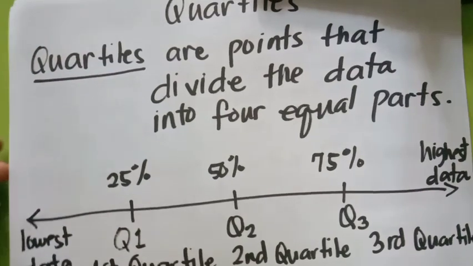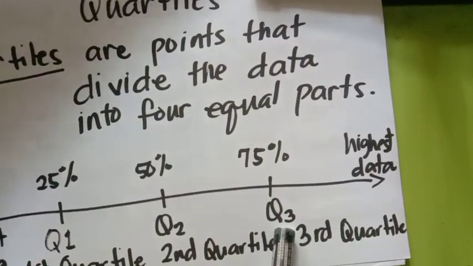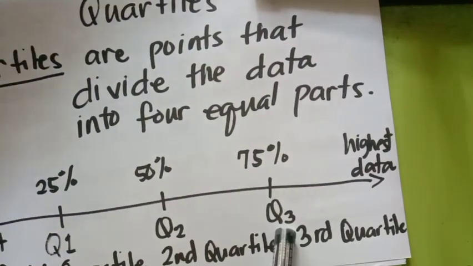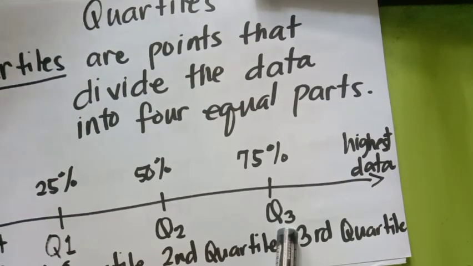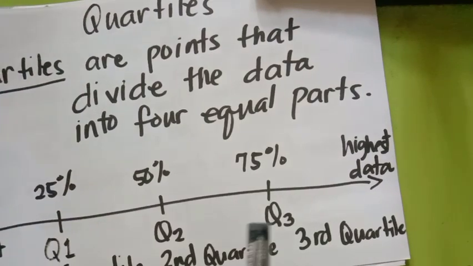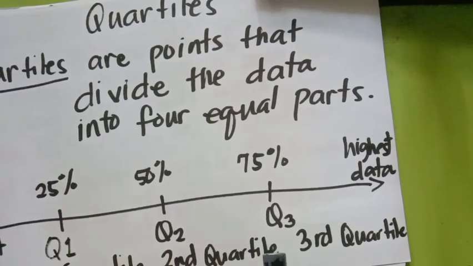And then, lastly, we have Q3. Q3, or third quartile, is a number such that at most 3/4 or 75% of the distribution are smaller in value than Q3, and at most 1/4 or 25% are larger than Q3.